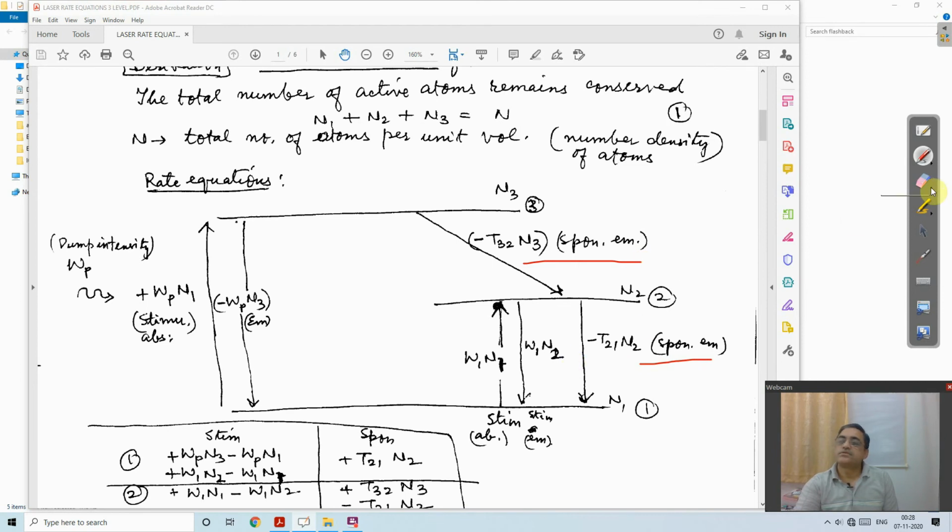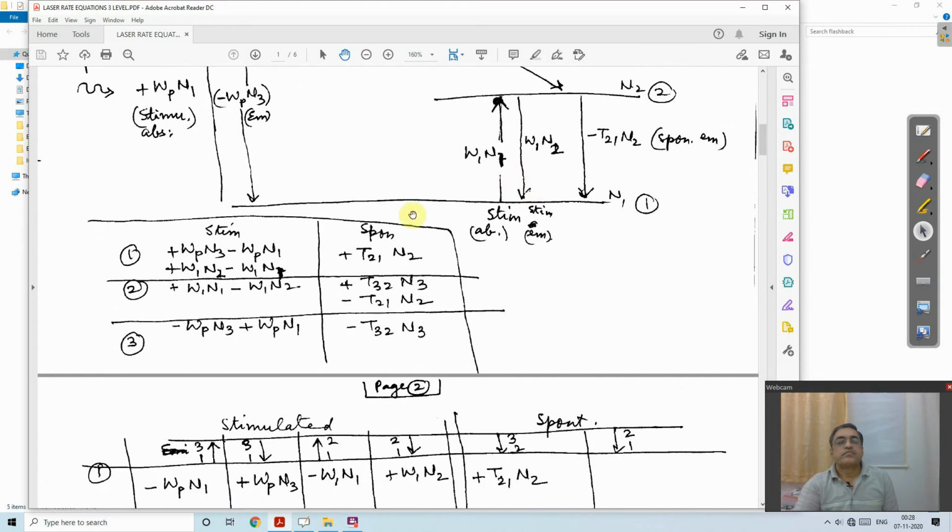So to summarize it, we can very easily separate stimulated and spontaneous transitions.